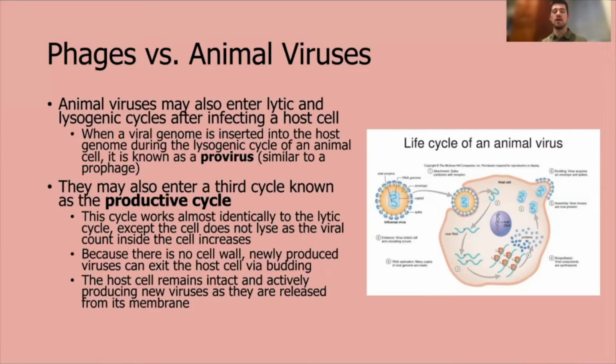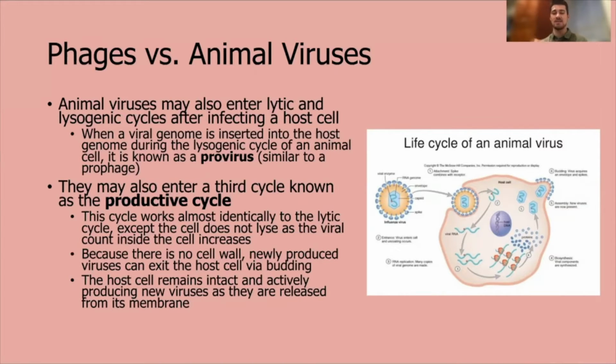Animal cells, though, can actually enter a third cycle, which is known as the productive cycle. So the productive cycle is sort of like a slightly altered lytic cycle. It's almost identical, except at the very end. So instead of lysing the cell, the cell remains intact. So the viral count inside increases, but because there's no cell wall, these viruses, remember, they came in via fusion of the membrane, or they came in via receptor-mediated endocytosis.